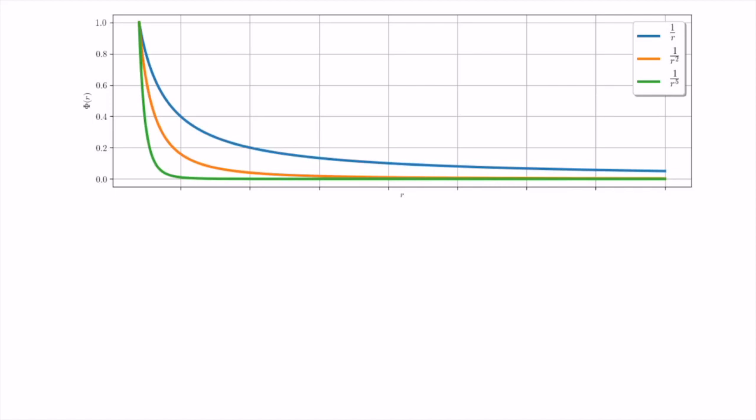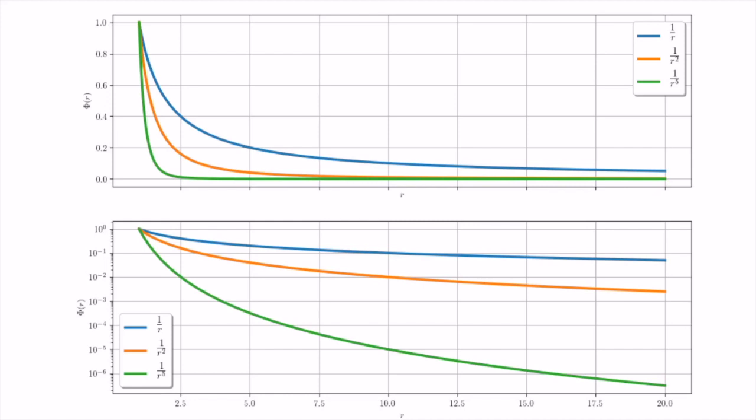A better way of looking at them is taking a logarithm of the potential so that we can see the slower drop. It is the same plot, but the y-axis is plotted in log scale. So here we can see that at a given distance, 1 by r has a significant value compared to the other two powers.